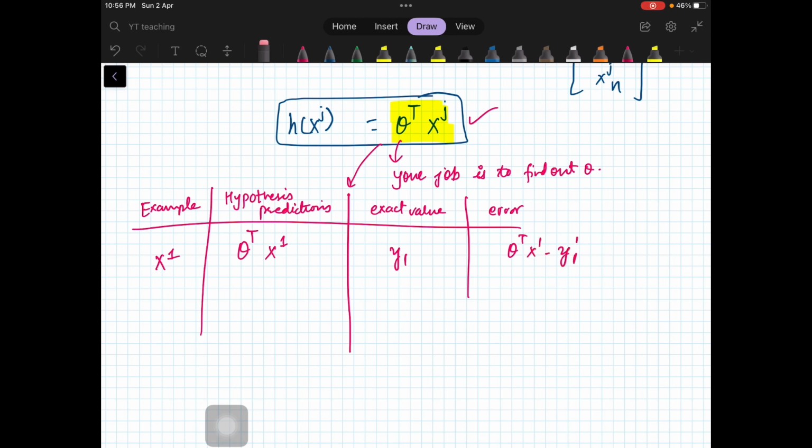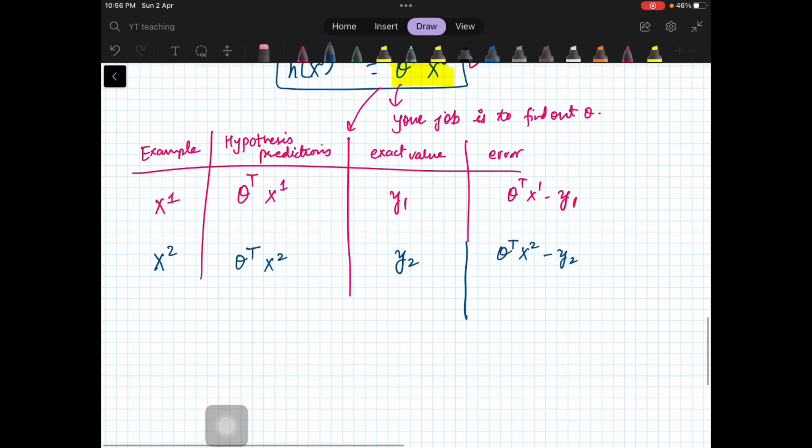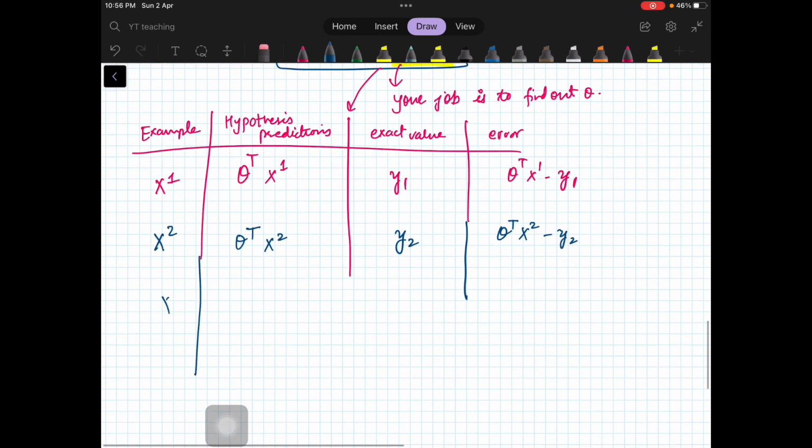Similarly for the second example you have x2. So your hypothesis prediction is theta transpose x2 and the exact value is y2. So your error is theta transpose x2 minus y2. And so on. For the third one, your hypothesis prediction is theta transpose x3 and the exact value is y3. So the error is theta transpose x3 minus y3.